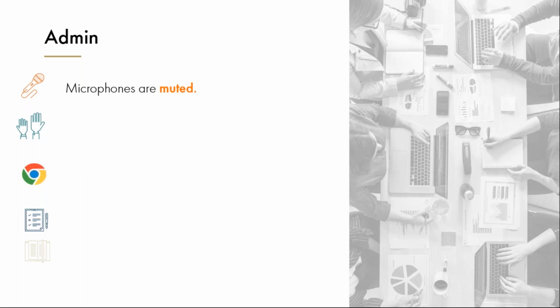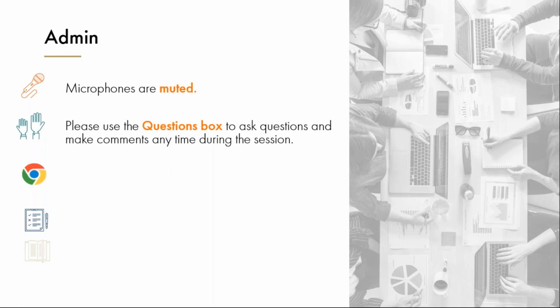So we do mute them for these sessions, but we do communicate through the questions box. And you can find that, as many people already have, on the GoToWebinar control panel. If that minimizes on you, sometimes during the session it will get small. You can open it back up again by clicking on an orange arrow, and that will bring up the box, and then you can find the questions box down below.